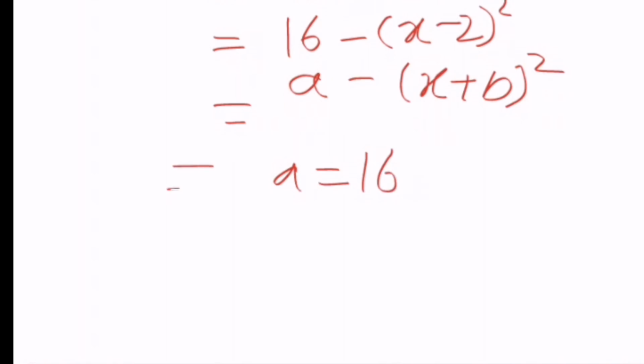This implies the value of a is 16 and the value of b is minus 4. So it has been done now.